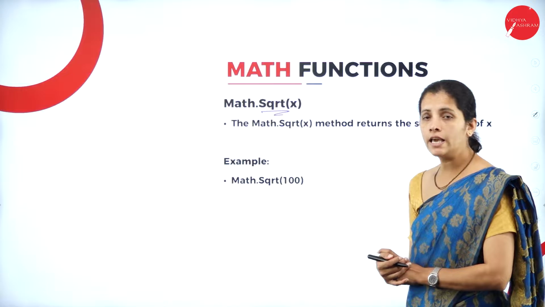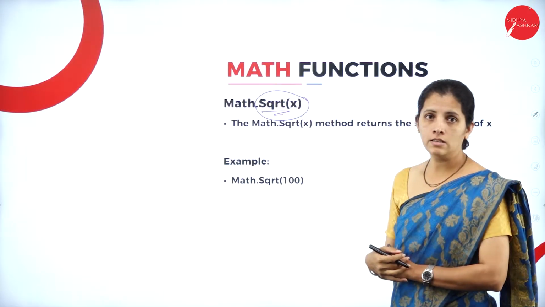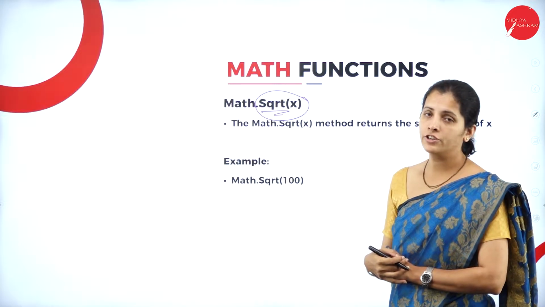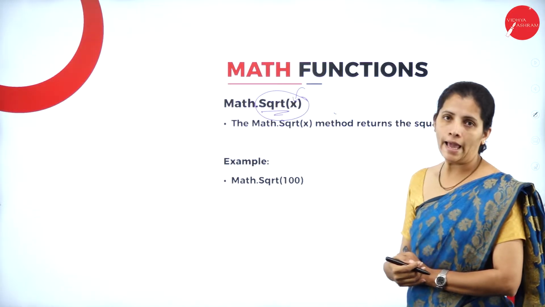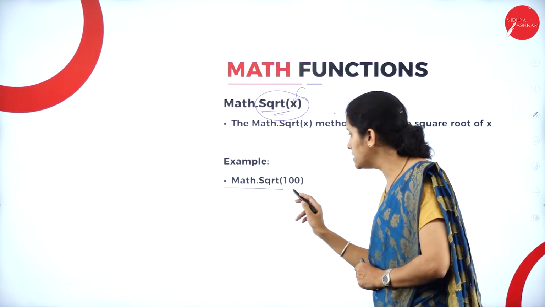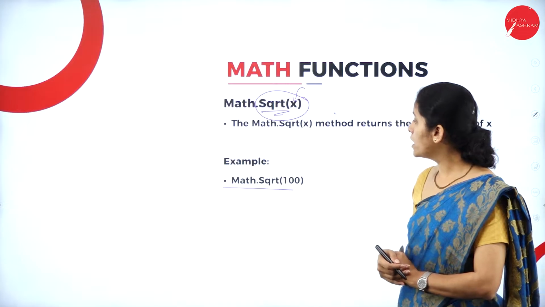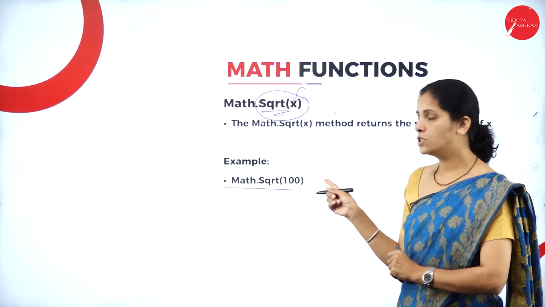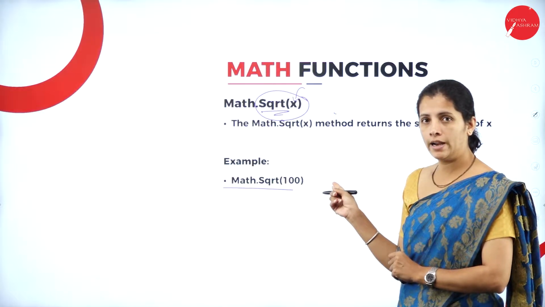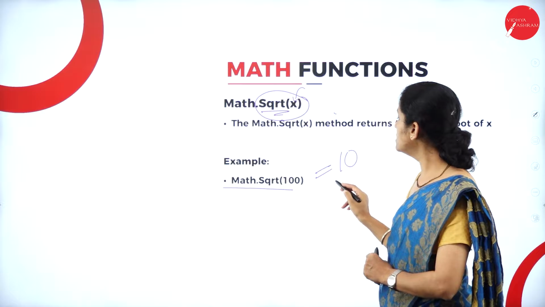And in C#, I have the square root method, and I'm going to pass the argument x. If I consider this example, I have Math.Sqrt of 100. So what is the answer I'm going to get? That is 10.